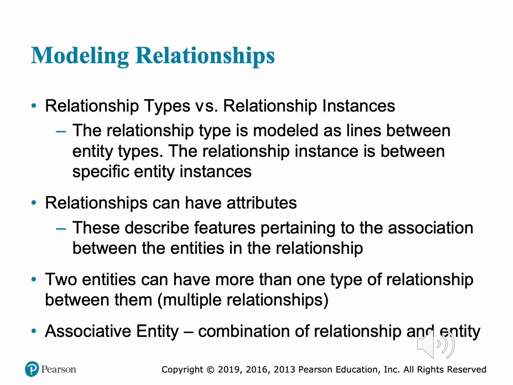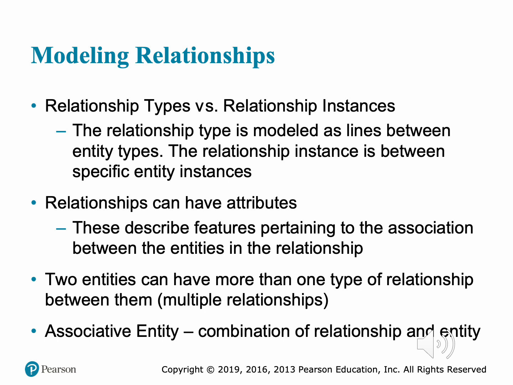Modeling relationships. Relationship types versus relationship instances. The relationship type is modeled as lines between entity types. The relationship instances are between specific entity instances. Relationships can have attributes. These describe features pertaining to the association between entities in the relationship.